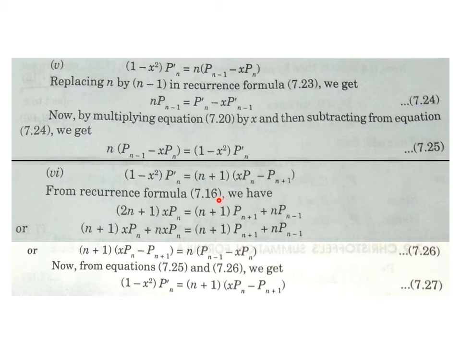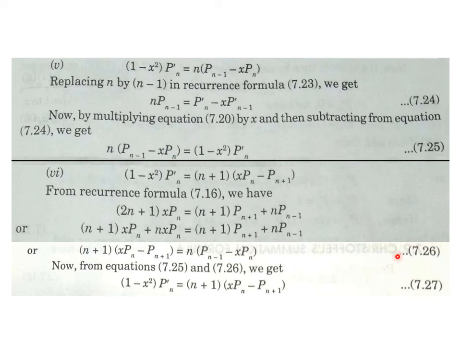As you can see, 7.16 means the first recurrence relation. And what we are doing there, we are writing the first recurrence relation, and a tricky step is there. 2n plus 1 is broken into n plus 1 and n. Then n plus 1 multiplied with xPn, and then plus n multiplied with xPn. And then we are mixing the two terms, n plus 1 xPn and n plus 1 Pn plus 1, together, and then n xPn and n Pn minus 1 are mixed on the right hand side, and we obtain one equation. That is nothing but certain simplifications done in the first recurrence relation.